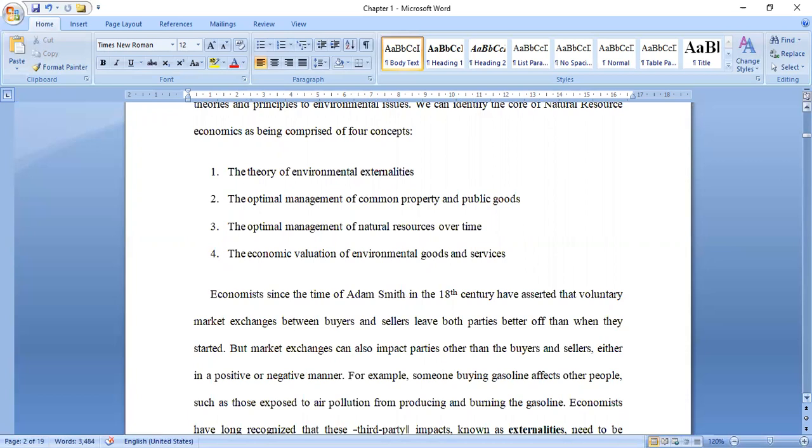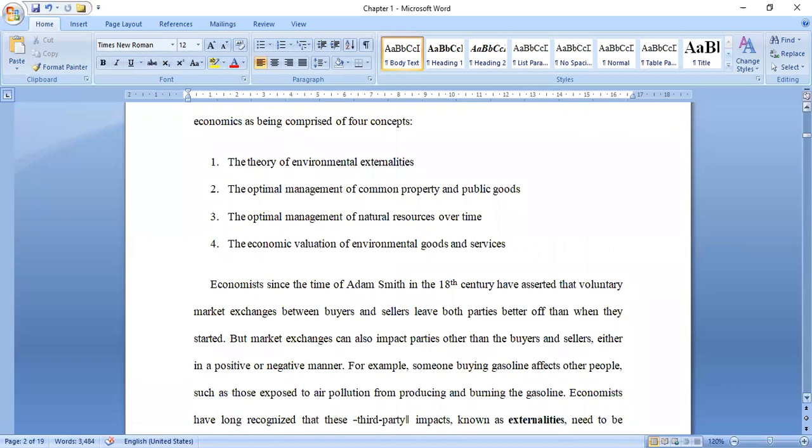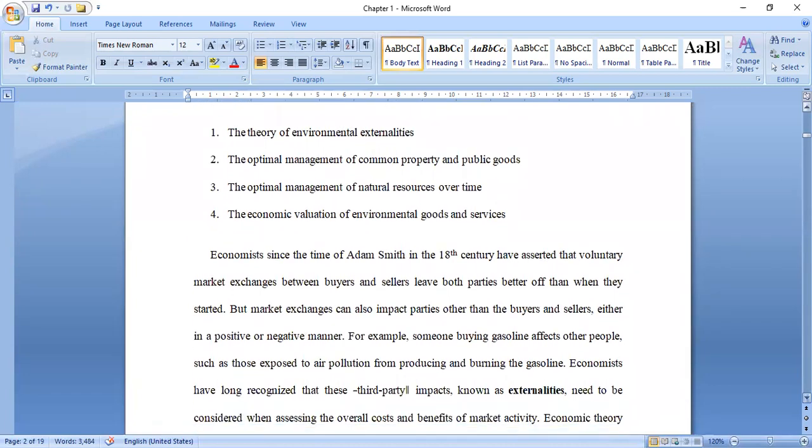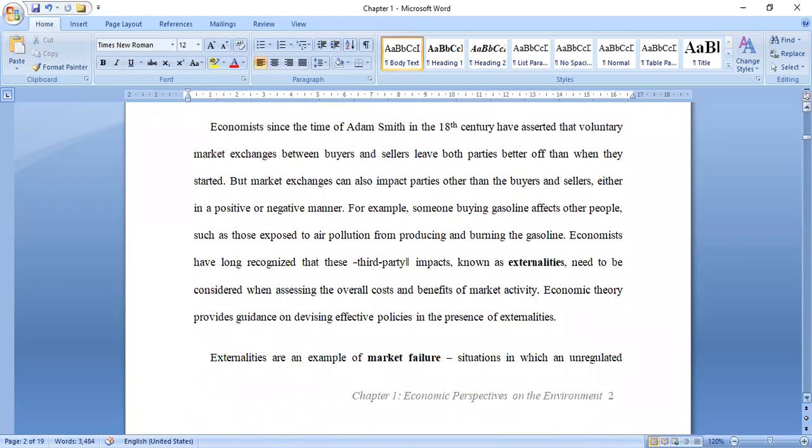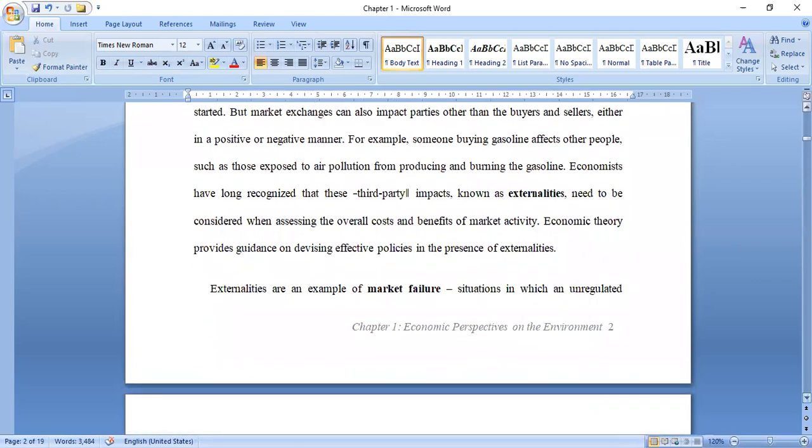We shall be looking at optimal management of common property and public goods. Then we shall also be looking at optimal management of natural resources over time, and then economic evaluation of environmental goods and services. So let us look at what each of these means.